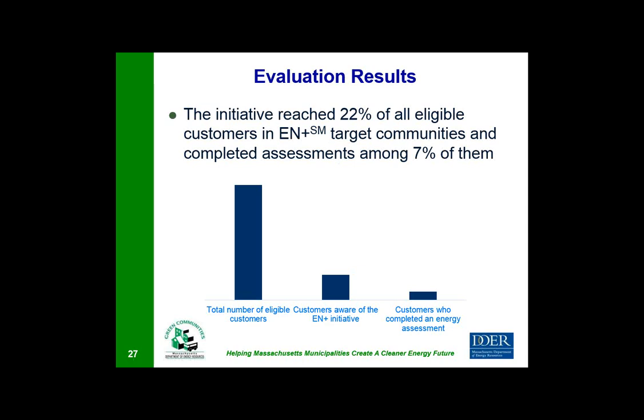And within those communities, 22%, according to the surveys that we did, were actually aware of the EN Plus initiative. So the marketing was really quite effective, at least in making customers aware. And then we found that, according to our analysis of the participation database, 7% of the customers living in those target communities actually participated by having an audit completed.